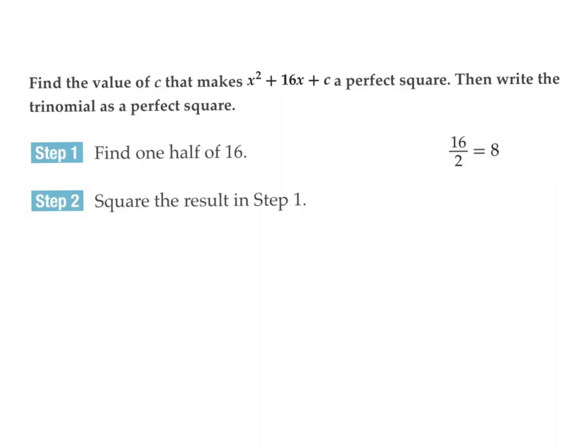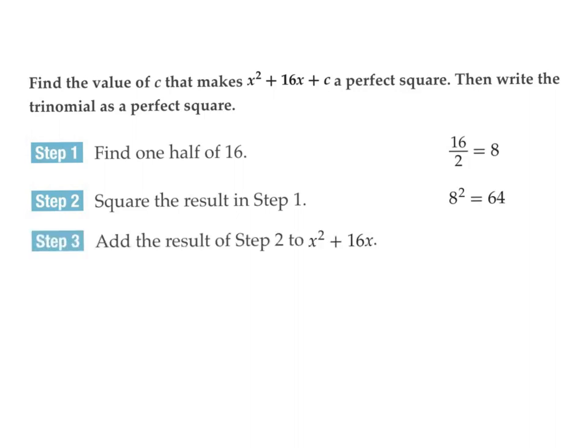So what's that? 64. Now in this case, you're going to add that to the x squared plus 16x, meaning we're going to replace C with 64. Okay? And so that's what my C value is. So by dividing that middle term by 2 and then squaring it, I'm coming up with that last term.